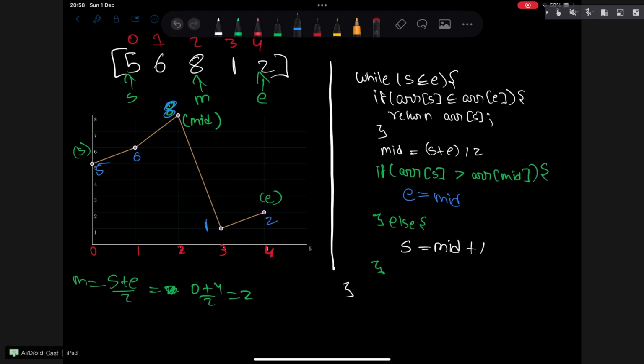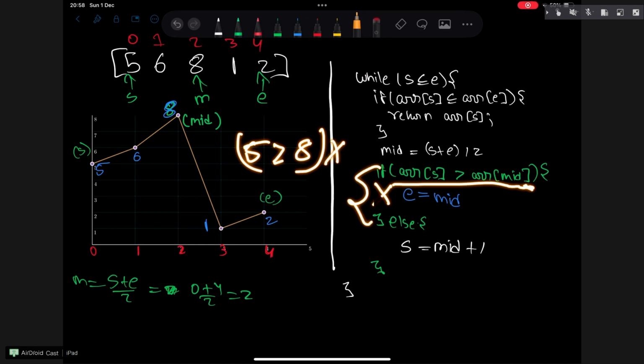So mid is currently at 8. We are going to check if array of s is greater than array of mid. What is my array of s? Is 5 greater than 8? The answer is no, so this won't be executed. It will go to the else block.